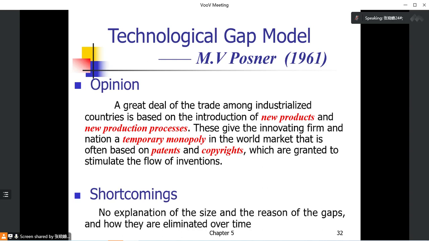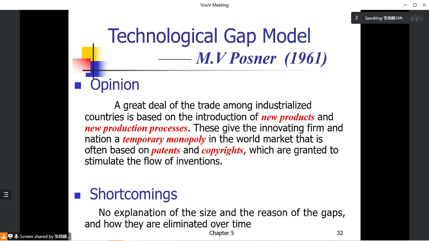The technological gap model was put forward by Posner in 1961. The main point of the theory is that a great deal of the trade among industrialized countries is based on the introduction of new products and new production processes.